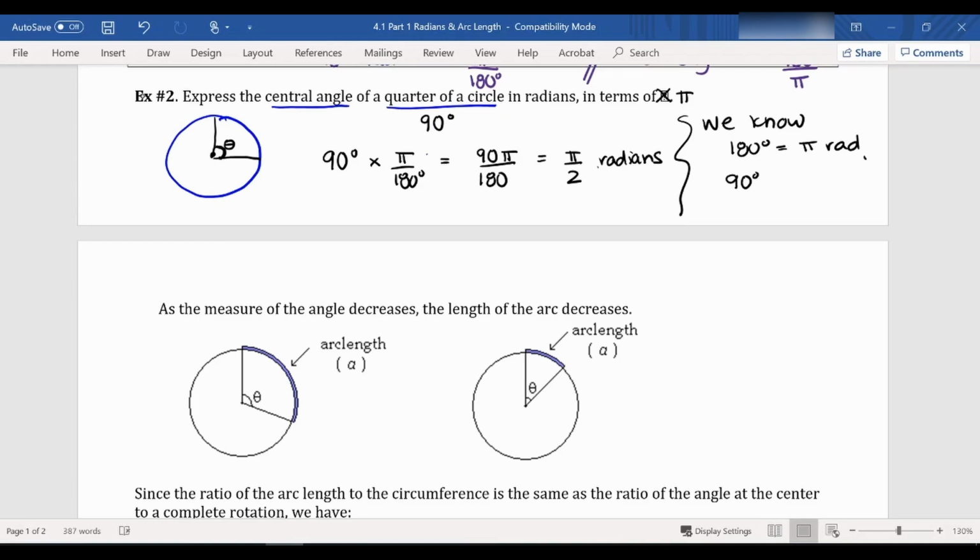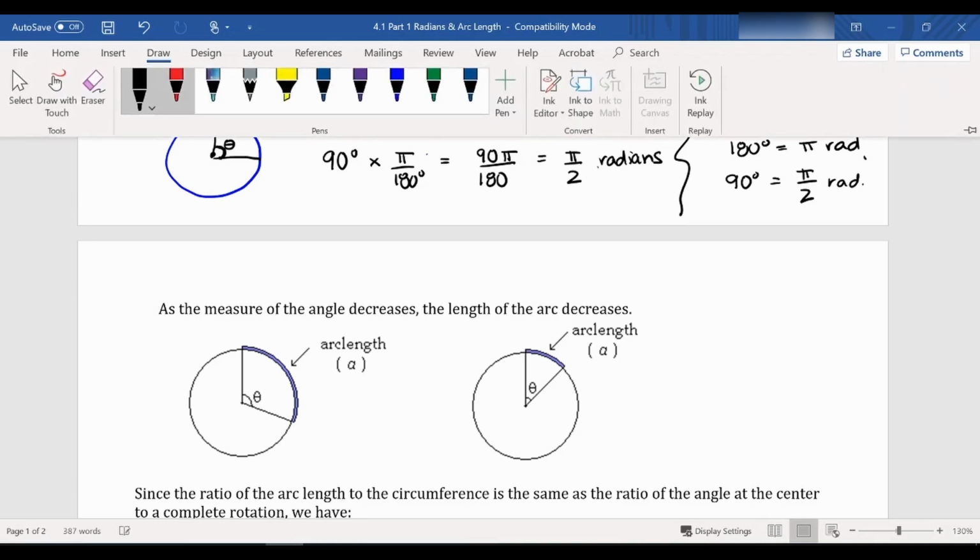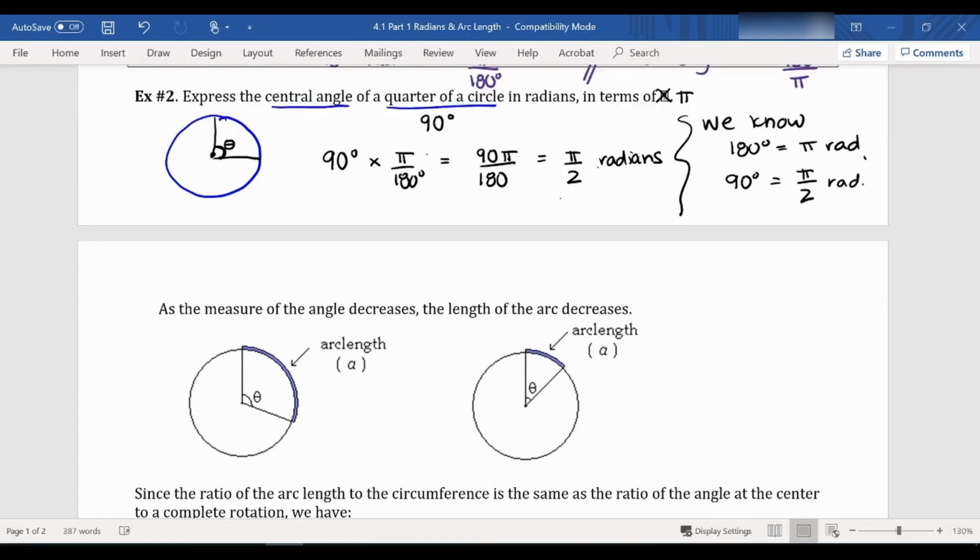That's half of 180, so my radians must also be half. Half of pi would be pi over 2. So we can do the full conversion route where our degrees cancel out, we simplify, and there we go. But we can also just use a bit of common sense. We know that 180 degrees is pi radians. Half of that would be pi over 2.